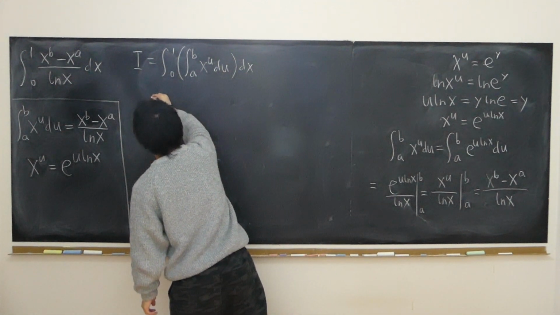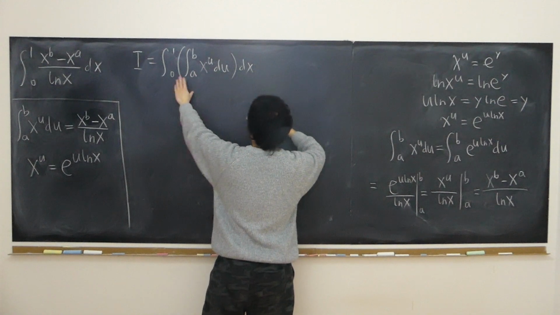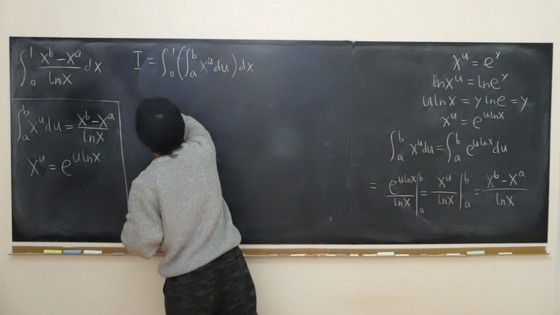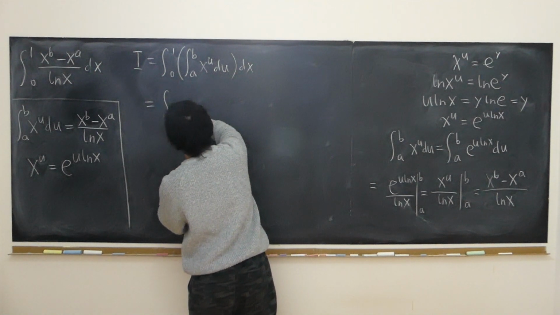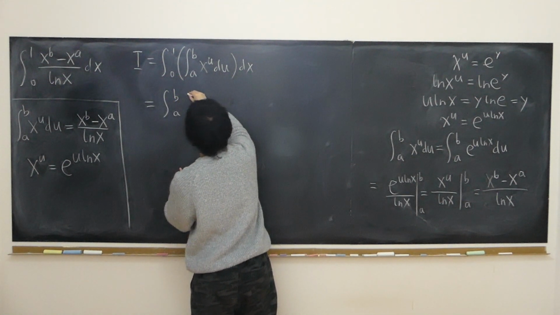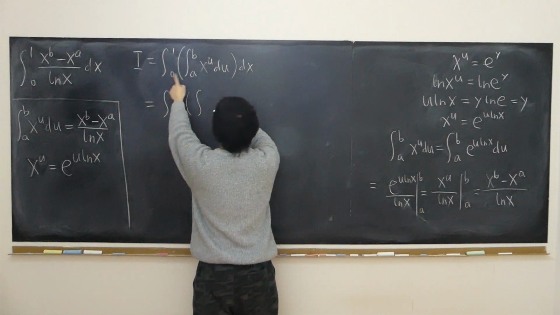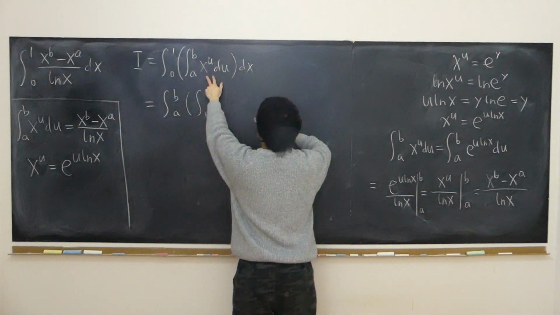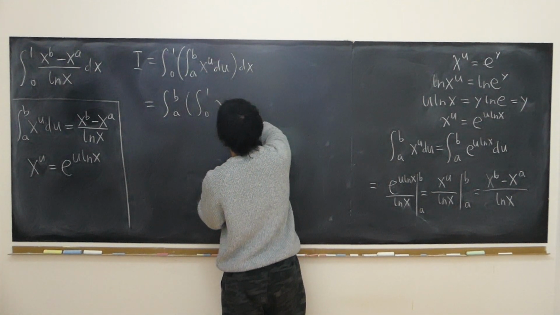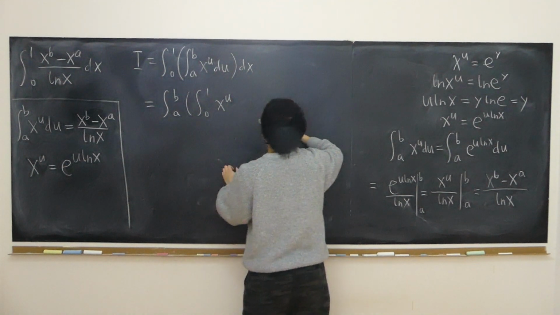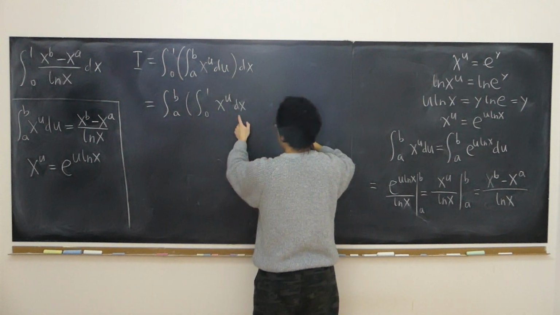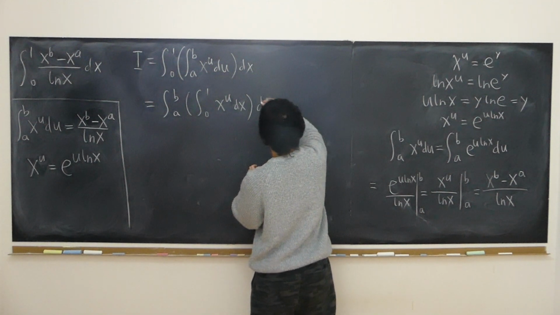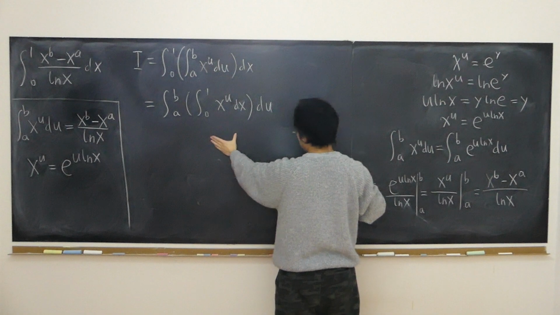Now we can switch the order of integrals, right? So it is equal to the integral from a to b, bracket, integral from 0 to 1, and copy down the same expression x to the power of u, dx first, then close bracket, then du.